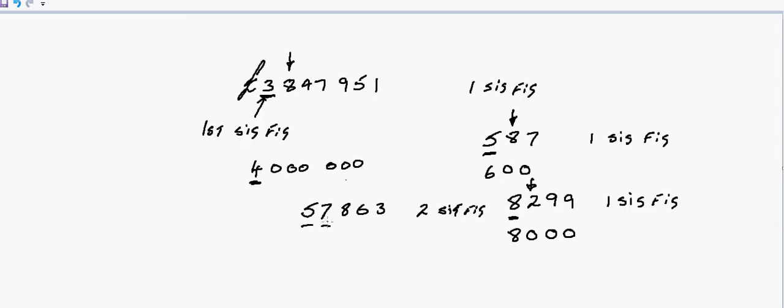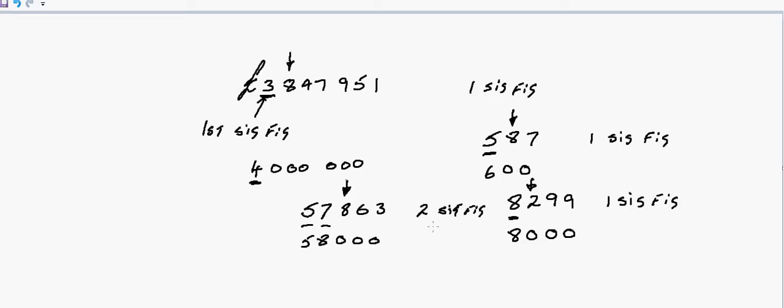Then my first 2 numbers. So I then look at the next number, okay? The 8 means we round up. So the 7 becomes an 8, so we get 5, 8, and everything else turns to 0. Okay, so we get 58,000.